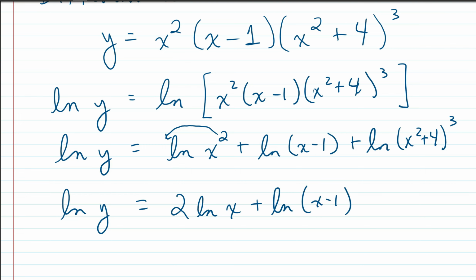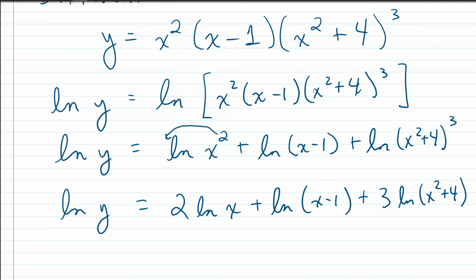And here we can use that property again, plus 3 times the natural log of x squared plus 4. All right, so we have the natural log of y is equal to all of those logarithms on the right-hand side. So now we can go on to our next step.